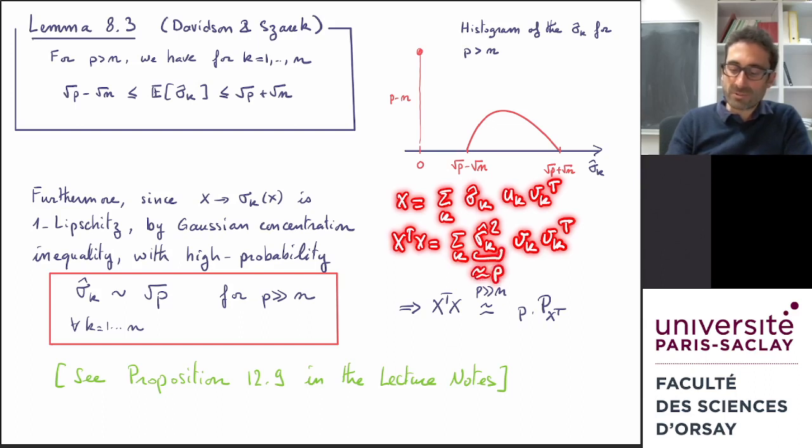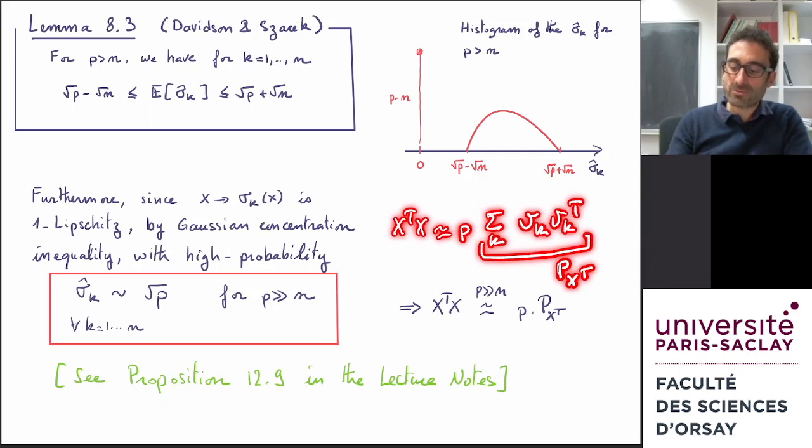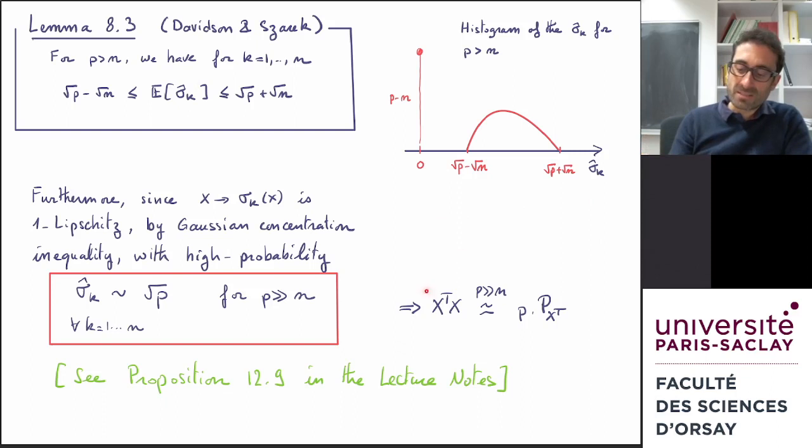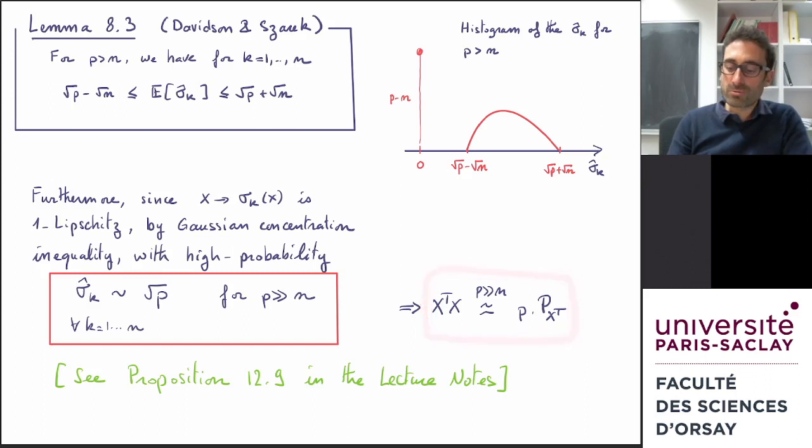So essentially x transpose x is equal to p times the sum over k of vk vk transpose. And this term is nothing but the projection on the range of x transpose. So when p is large compared to n, as a first approximation, we can think of x transpose x as being equal to p times the projection on the range of x transpose. And this is something that you will use in order to understand the variance of our predictor.